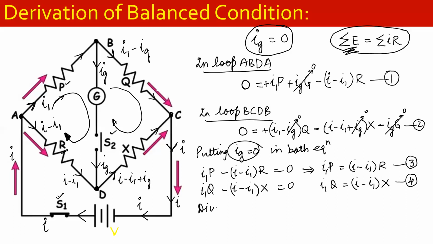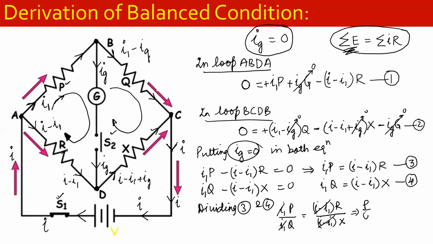Dividing 3 and 4, what we get is I1P upon I1Q is equal to I minus I1 into R upon I minus I1 into X. So I1 will get cancelled out, I minus I1 will get cancelled out.